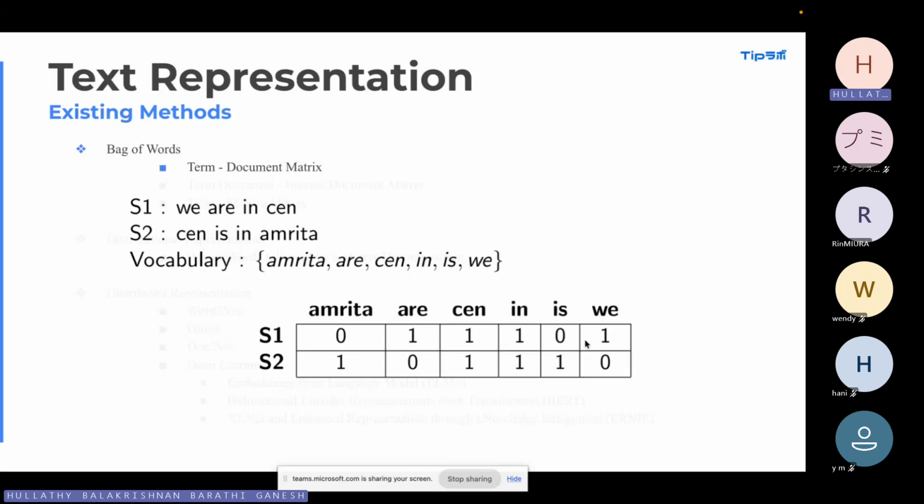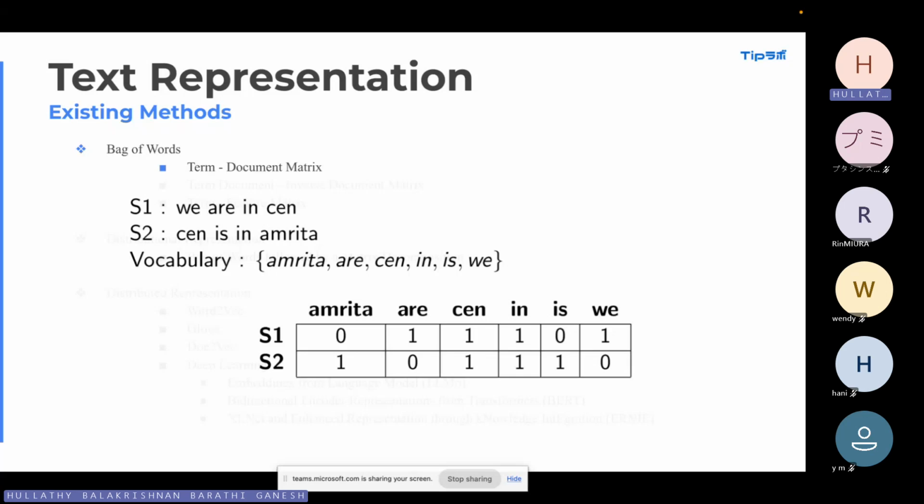And further, if you take any big corpus, rather than content words like Amrita or Sen, we tend to use the stop words majorly in the corpus, like or, in, is, we. These are not contributing much, they won't be carrying much of the context. They just help to build the context.